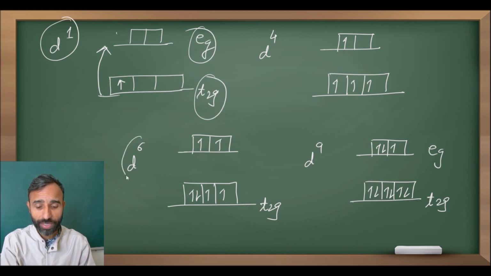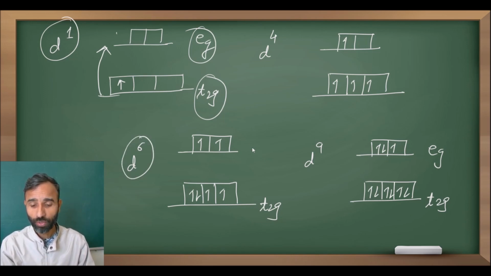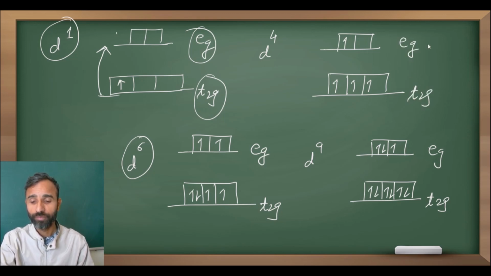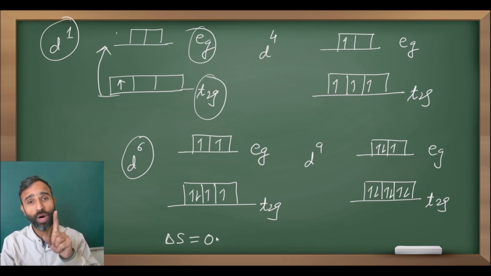Now come to the d6. So in d6, say from T2g to Eg, only one electron is there whose spin will remain same in T2g and Eg. That is, delta S is 0 for only one electron.